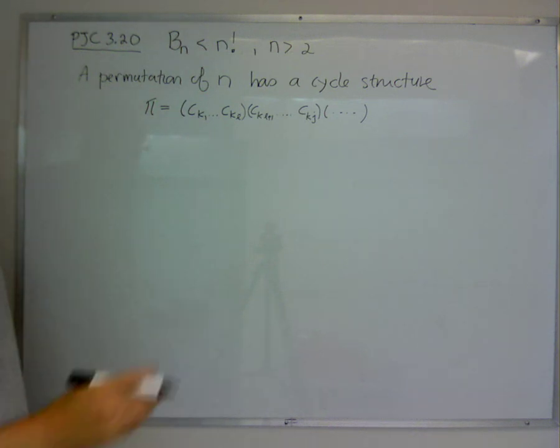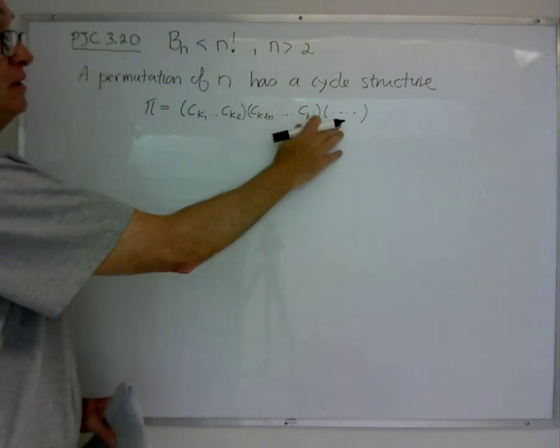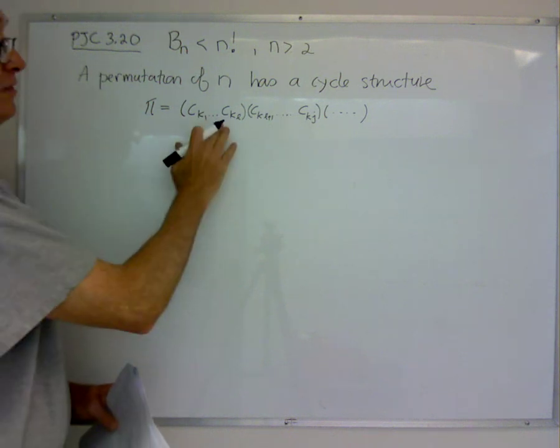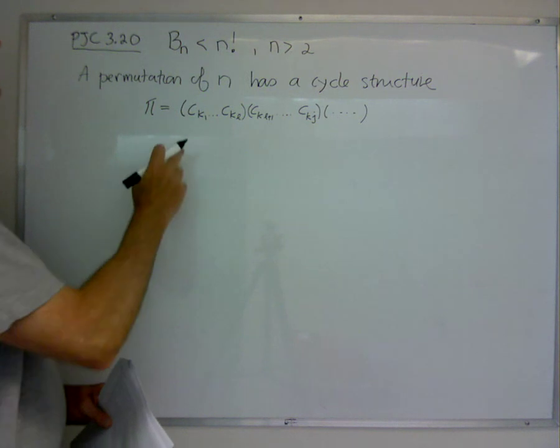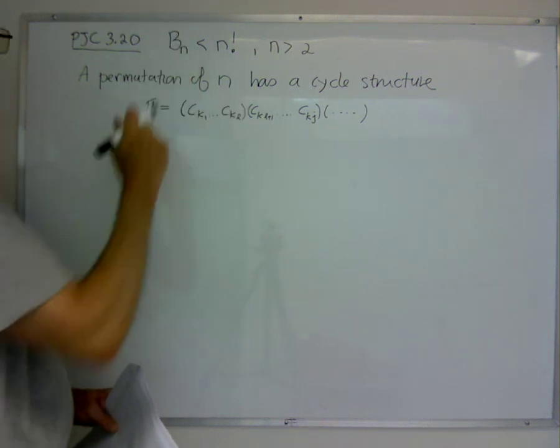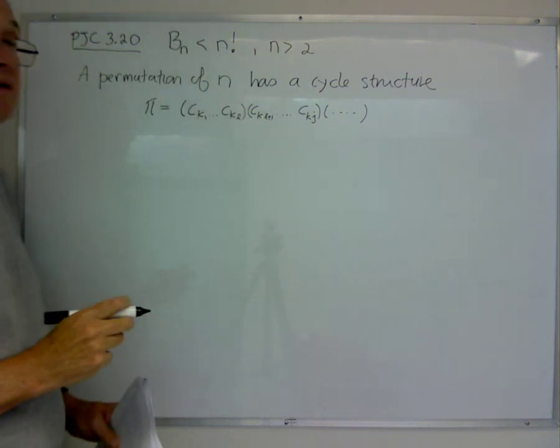And so if you think of these things, they are of course a partition of the numbers, or the n elements in this n set, right?